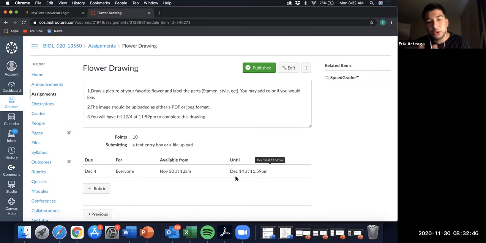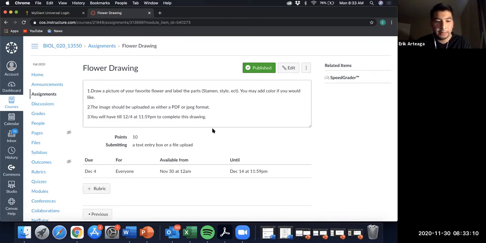So you can take a picture using your phone. I would recommend taking the picture so that it's high quality. If you have an iPhone, it might have problems, especially if it's one of those moving pictures. Androids might not have problems with this. If you screenshot the still picture and then upload that, that should be fine.